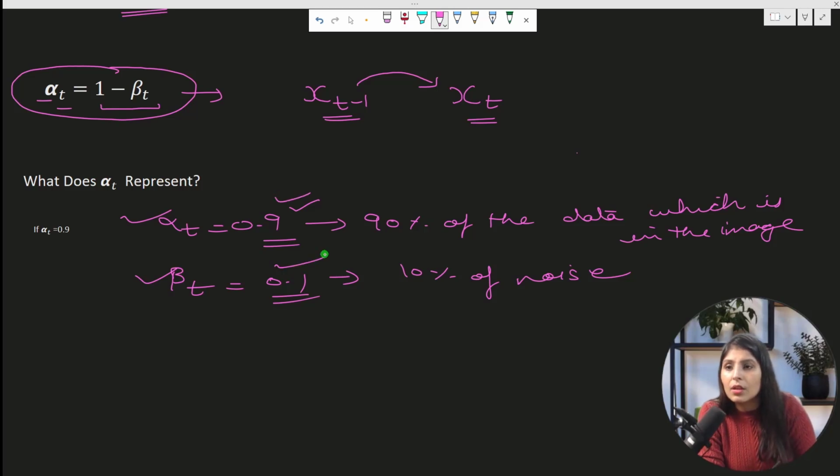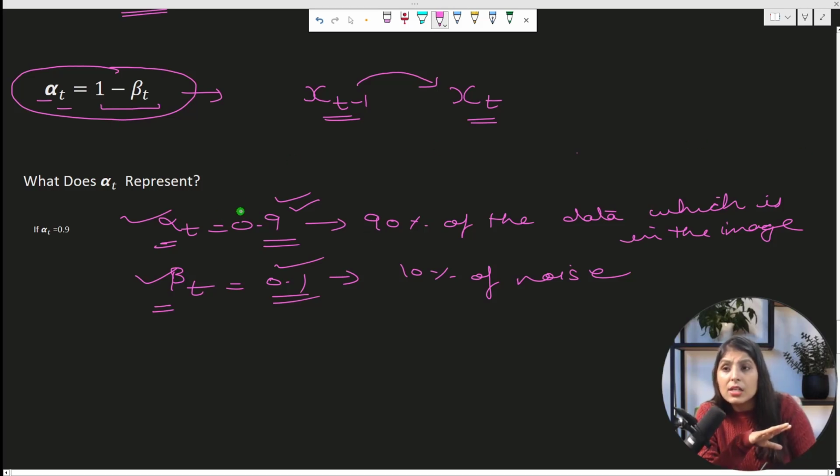90% data and 10% noise. So from here we can understand if the value of alpha is high, that means we are going to have a lower value for beta, means if the amount of information is more in the image at the particular time step, that means less noise is there. What I'm trying to say is that if the value of alpha is high, the value of beta will be low.